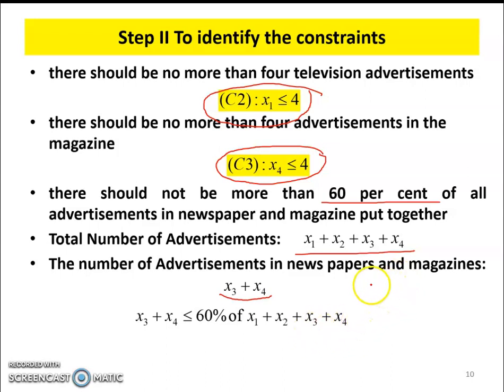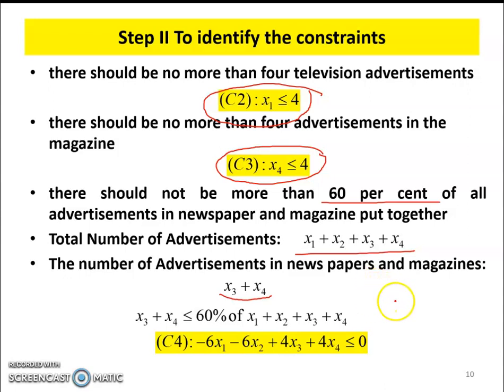So you can do a simple calculation, and it will give you the fourth constraint, that is minus 6x1 minus 6x2 plus 4x3 plus 4x4 must be less than or equal to 0. You see, this 60% will be 6 by 10, and that will be 3 by 5.